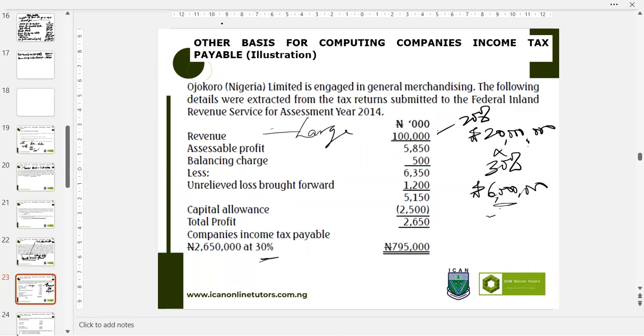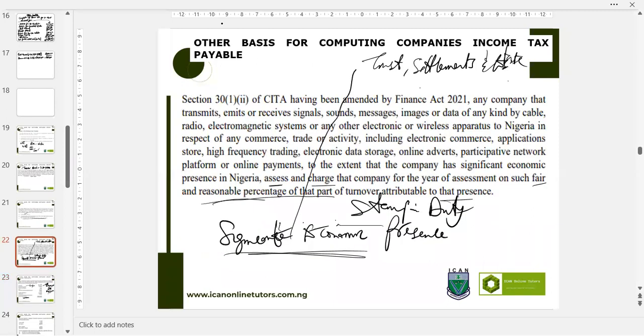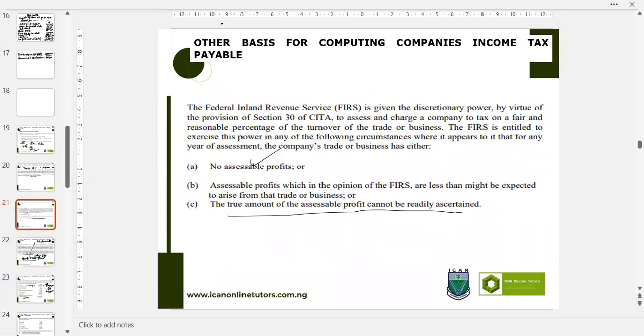And you now see that assessing based on the turnover gives a higher tax liability than assessing based on the normal basis, isn't it? So what does the law say? The law says that the tax authority has the discretion, okay?